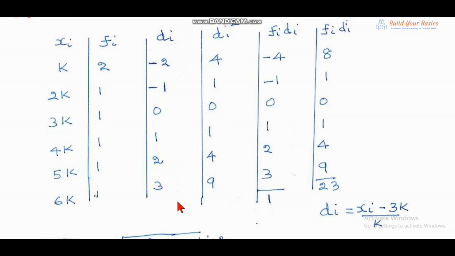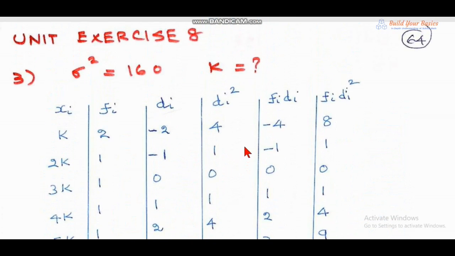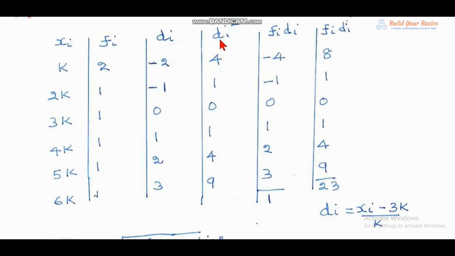So we have di column. Then the formula needs fi di, and fi di squared also. I have done di squared first.